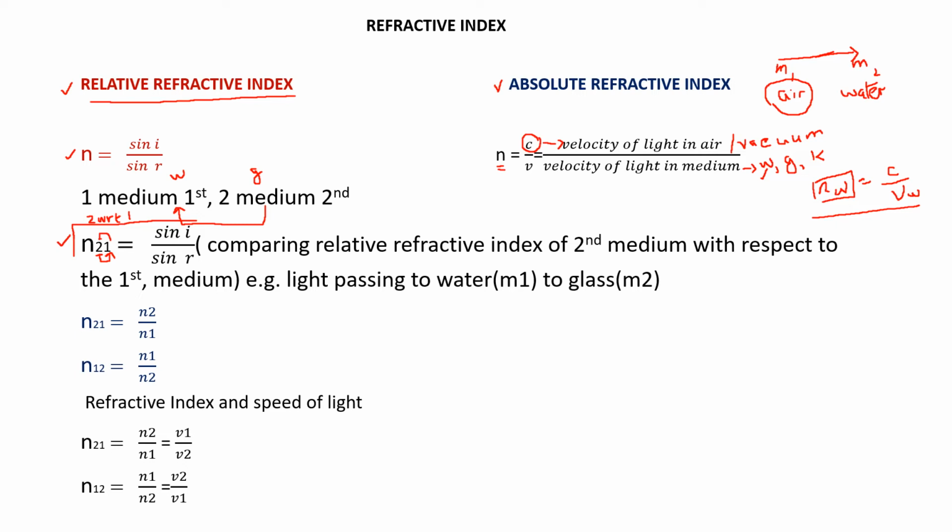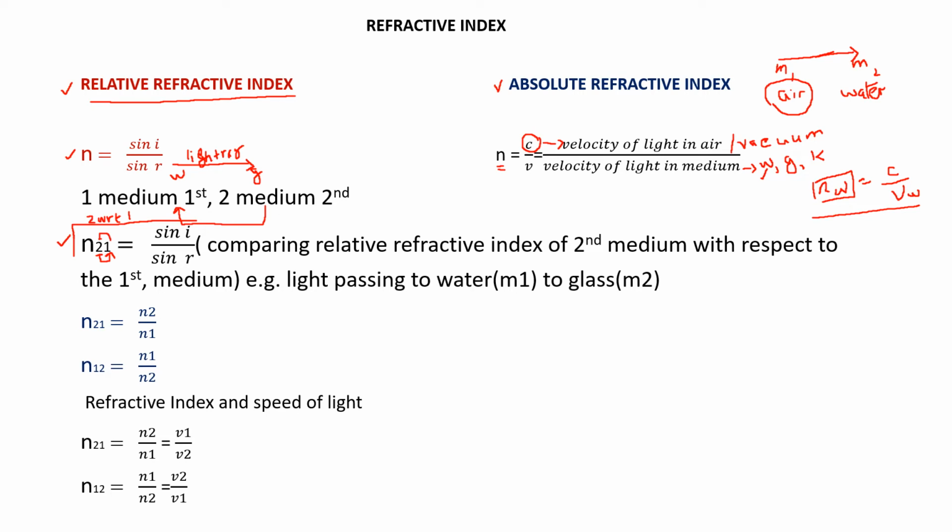When I'm talking of medium 1 and medium 2, that means the light is passing from water to glass. This is the light ray, passing from medium 1 to medium 2.